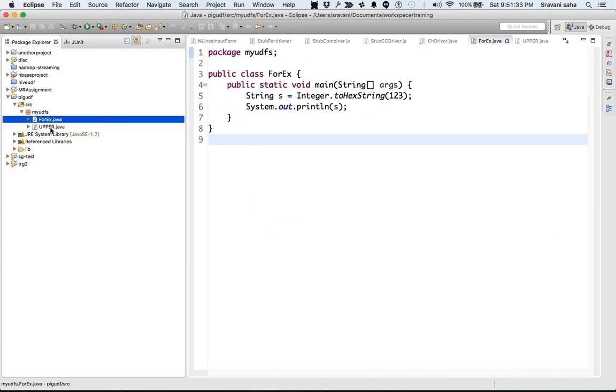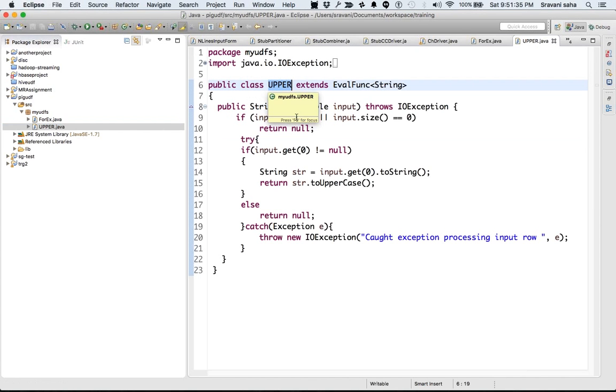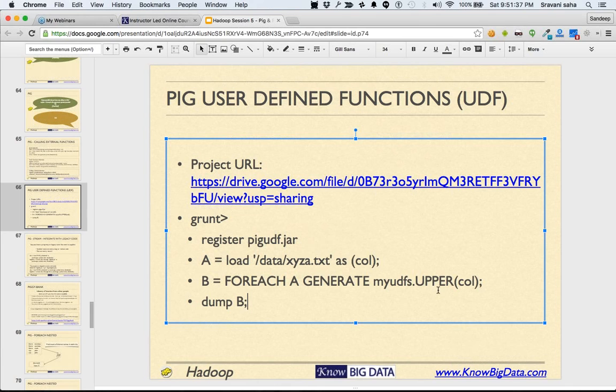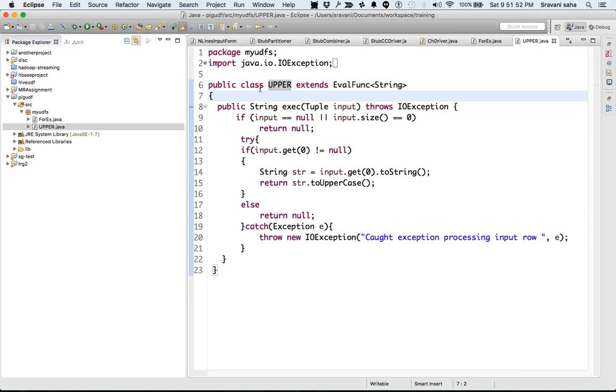For every function which we want to create, what is it that we are trying to do? We are trying to create our own function which we can call while doing the projections. Whenever we are saying foreach generate something, we can use our functions. So to do that, we are defining a class called upper.